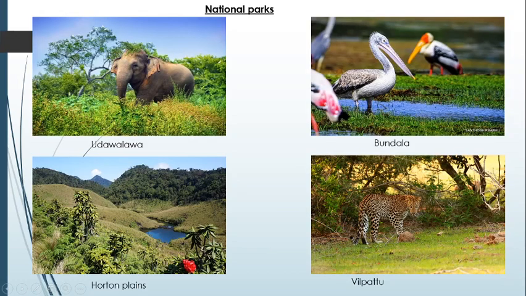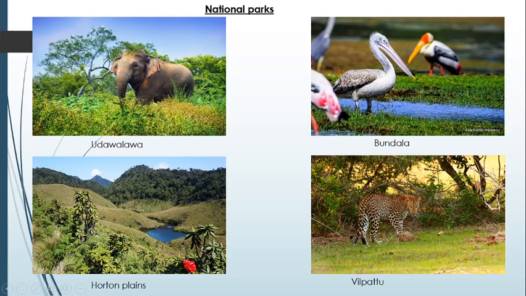Here are some examples of the national parks in Sri Lanka, and you can see the specific organisms living in these parks also. The Udawalawa National Park is very famous for the elephants, and the Bundala National Park is very famous for the migratory birds. Wilpattu National Park is famous for the leopards.